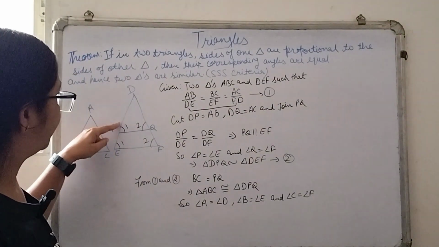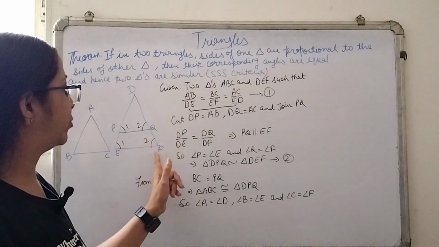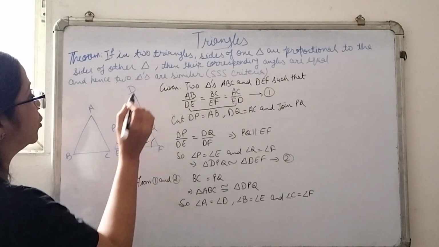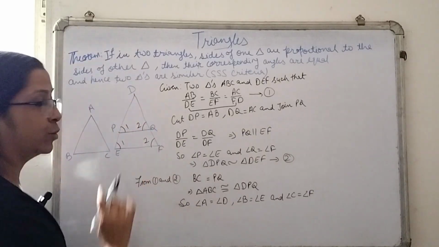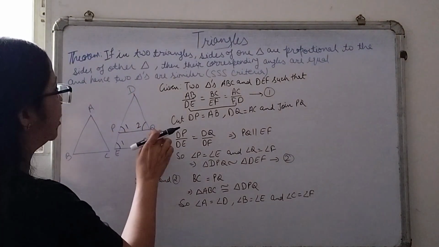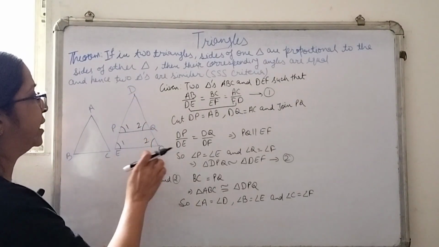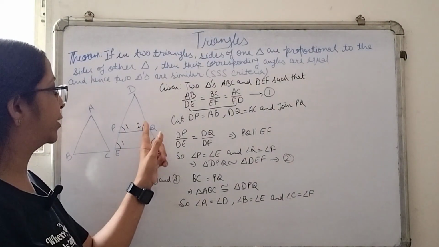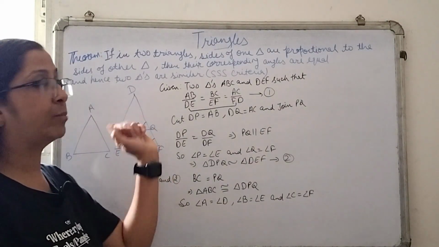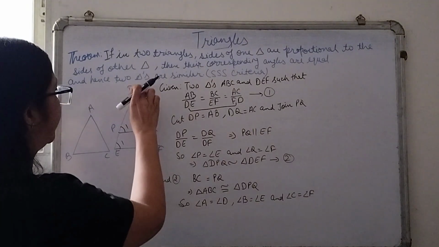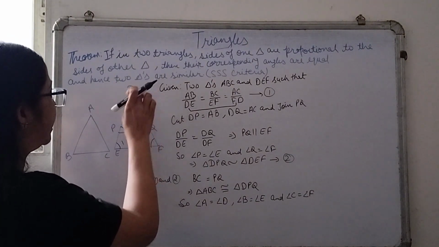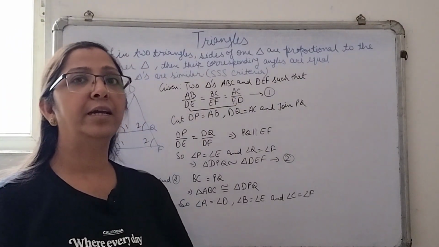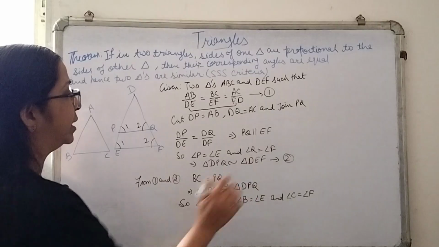So we have proved that angle P is equivalent to angle E and angle Q is equivalent to angle F. Now if we look at the triangle DPQ and the triangle DEF, in these two triangles angle P is equivalent to angle E, angle Q is equivalent to angle F, and D is common. So we can say that triangle DPQ is similar to DEF by AA similarity or by AAA similarity. So these two triangles will be similar.